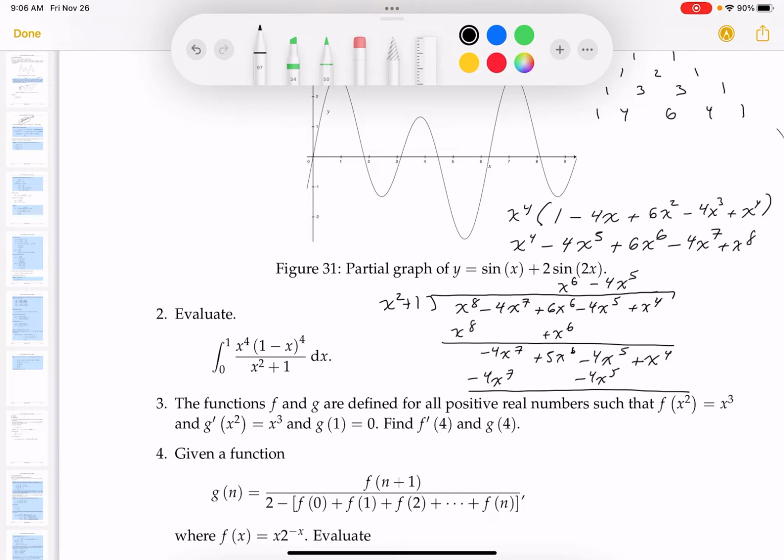Let me subtract. You get 5x^6 plus x^4. I'm going to keep going. And what I'm going to get plus 5x^4. What does that give me? 5x^6, yep, plus 5x^4.